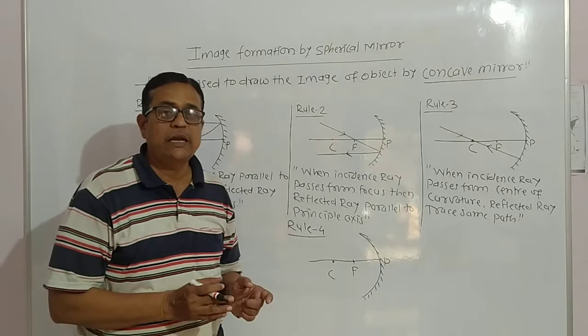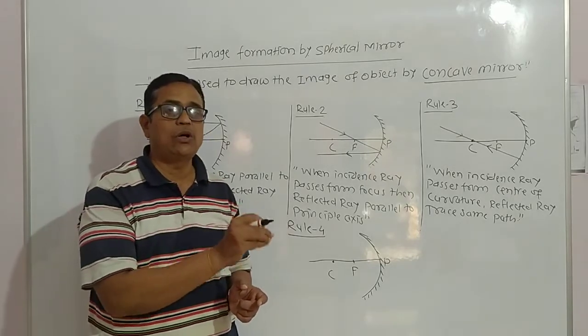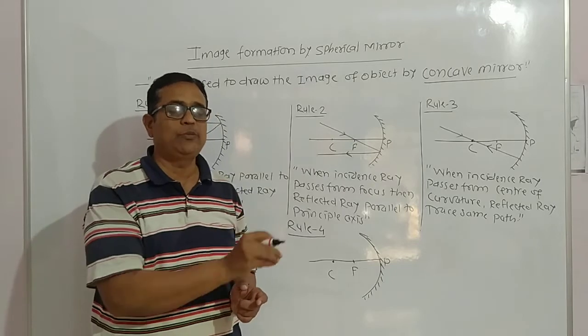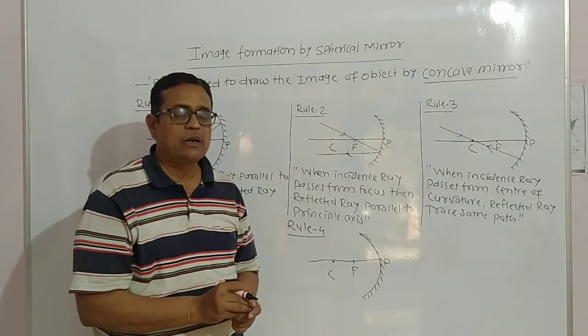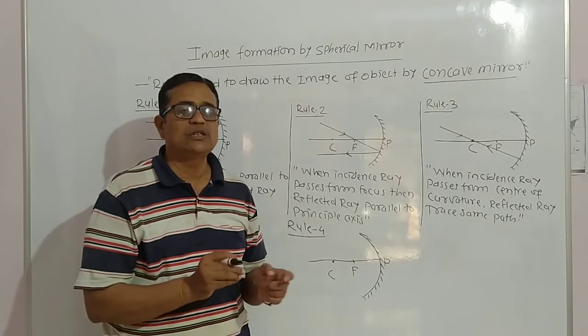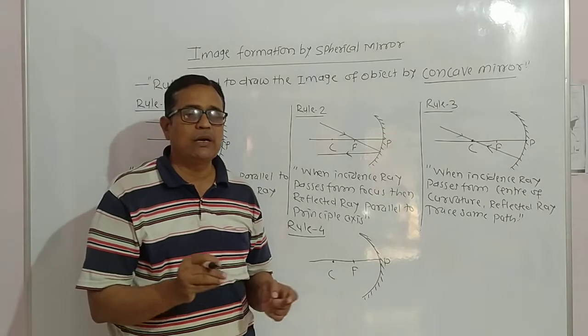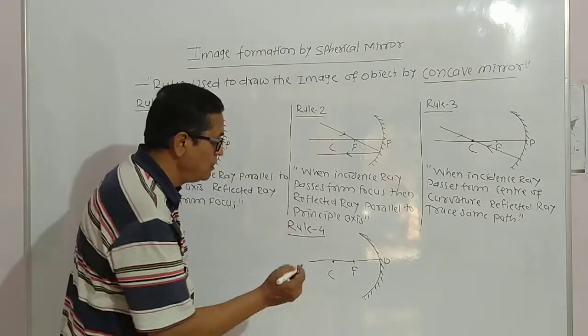When the incidence ray is oblique to the principal axis and is incident on the pole, the center point of the mirror, then the reflected ray follows the laws of reflection. Here the angle of incidence is equal to the angle of reflection.